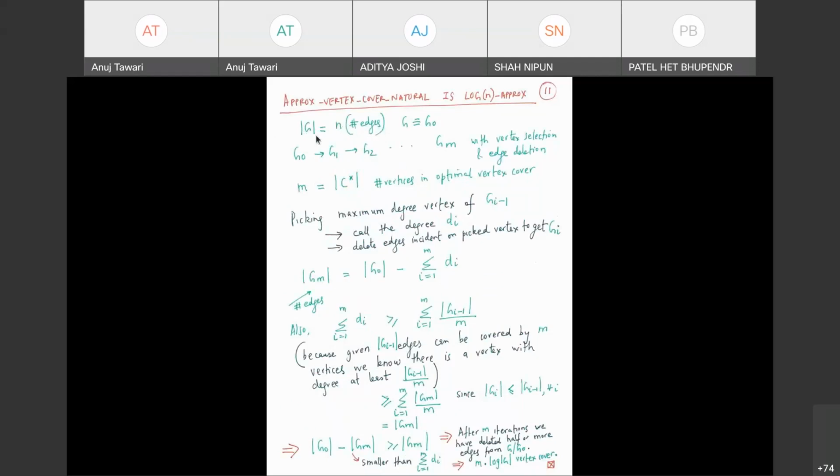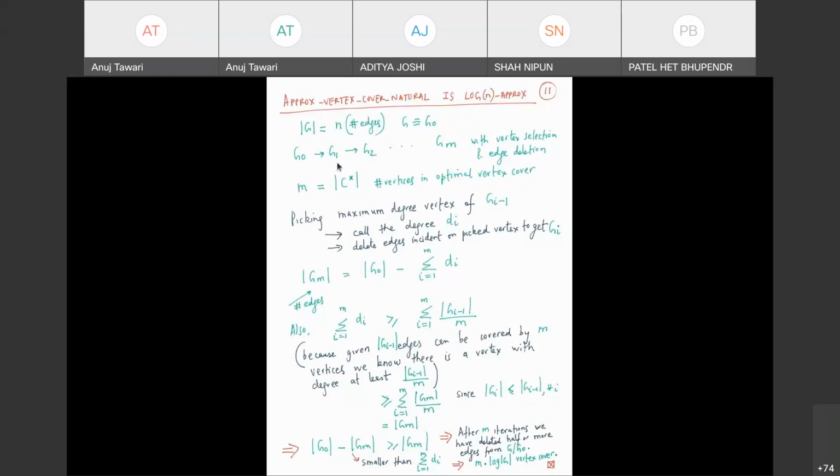Let's call this cardinality of G to be the number of edges in the graph. So this is our original graph and then we are picking a vertex of maximum degree, deleting it from that graph, deleting the incident edges with that from that graph. So you get a sequence of graphs. So G1 has possibly less number of edges than G0. G2 will have less number of edges than G1.